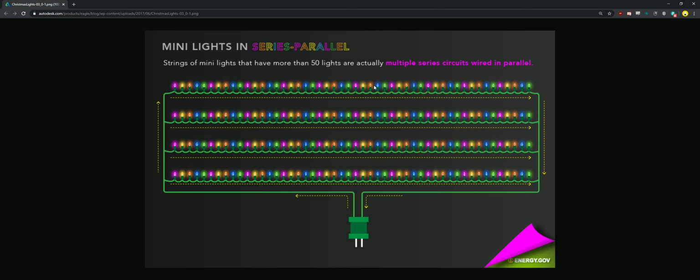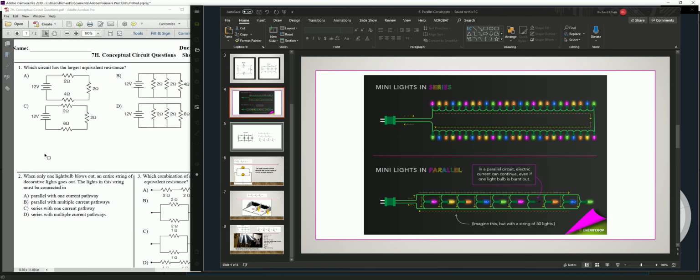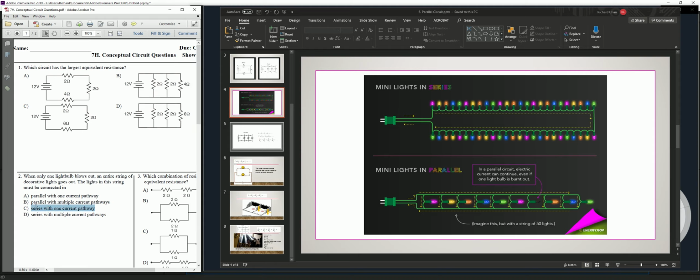Only this top string will go out if one of these light bulbs burns out, but not the rest. So it can't be D. It can't be with multiple current pathways. And so it's going to be C.